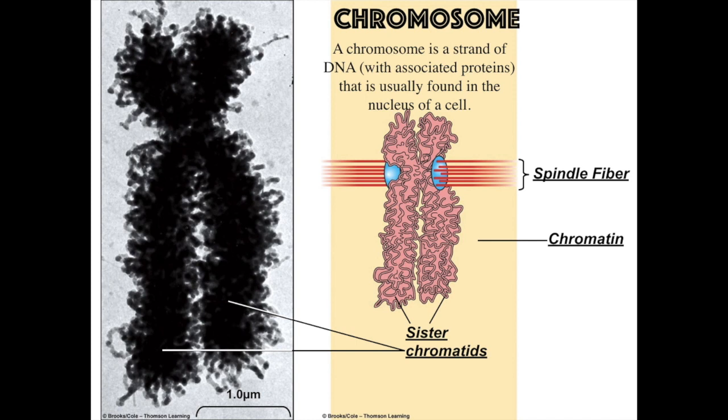The general name for DNA, you can see on the right side, is called chromatin. If you see the word chromatin, just like the word chromosome, it has C-H-R-O in it. Chromatin just means DNA, and a chromosome is wound up DNA.